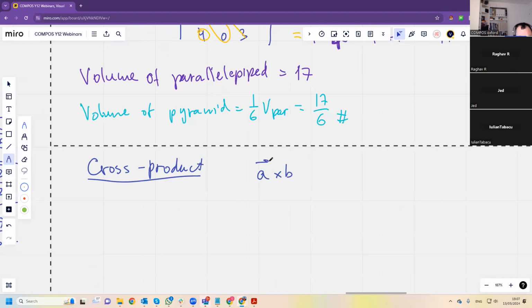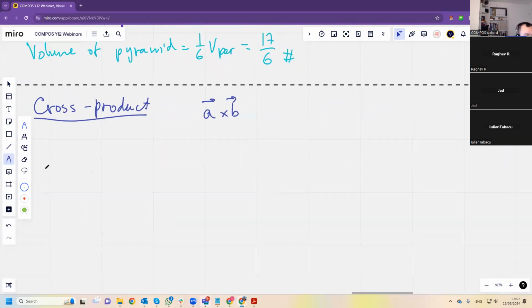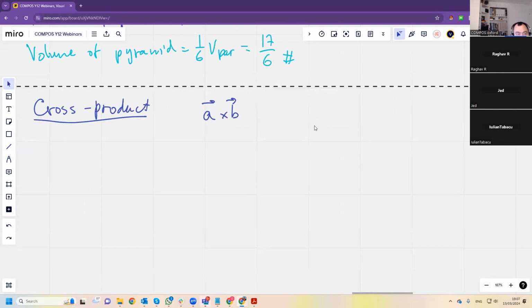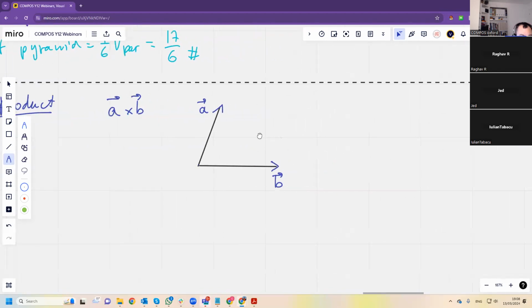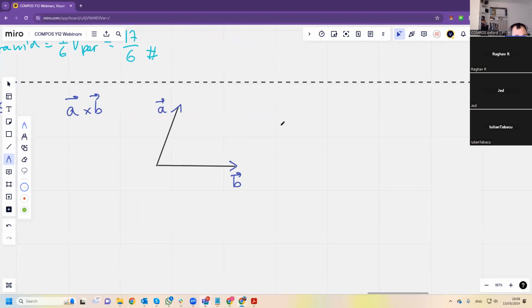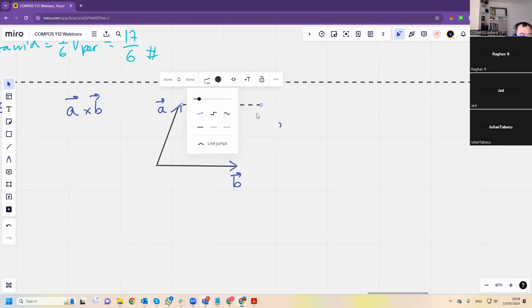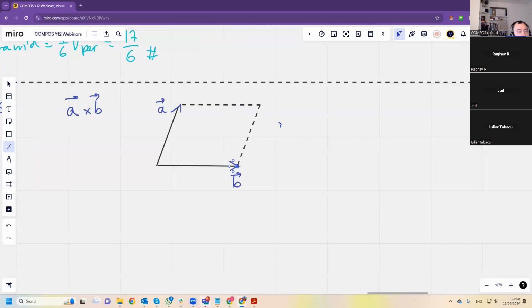It's A times B. But interestingly, if you take 2 vectors A and B, and you multiply them using the cross product, it will give you the area.